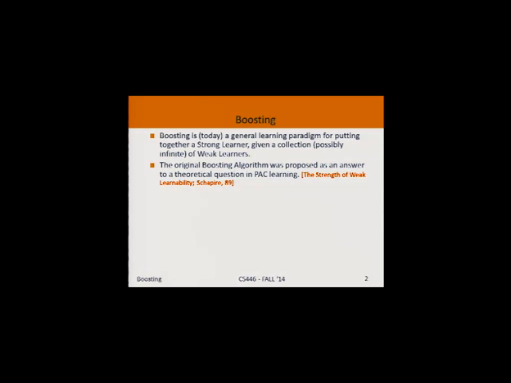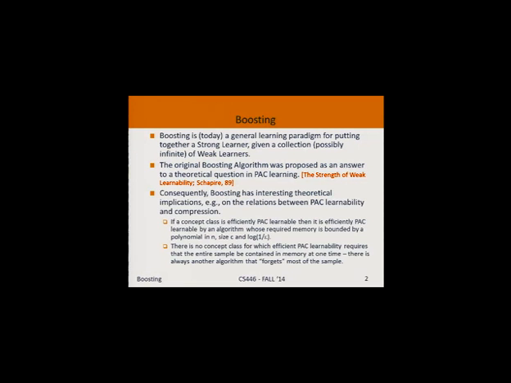So the original boosting algorithm was proposed as an answer to a theoretical question in PAC learning that we'll get to in a second, in a paper by Rob Schapire from '89. It's been a long time, but it's a really, really good paper that I recommend looking at, partly because it not only solved the theoretical problem, it actually provides a lot of insights to other things that are important in learning.